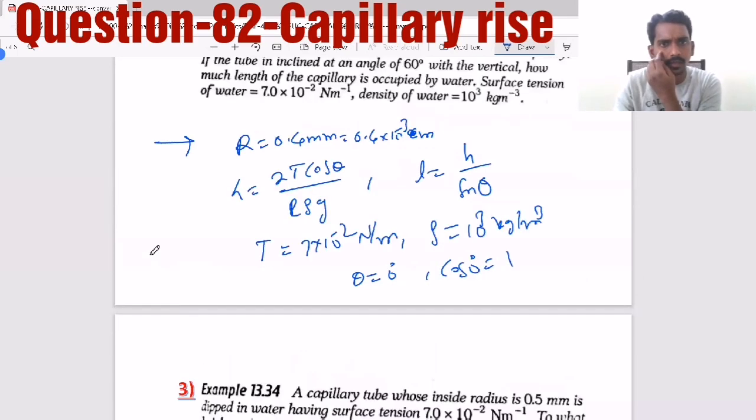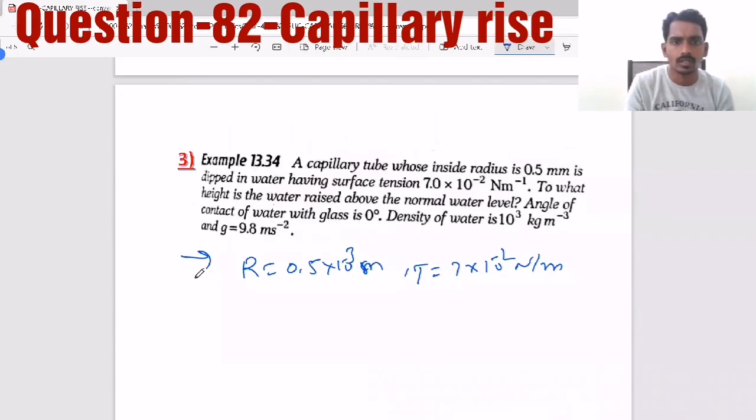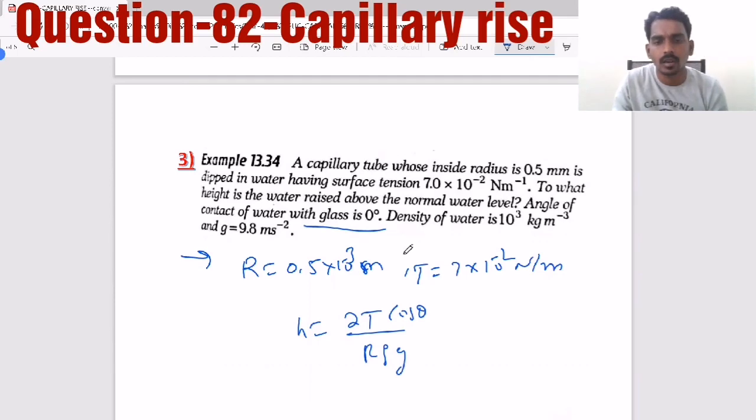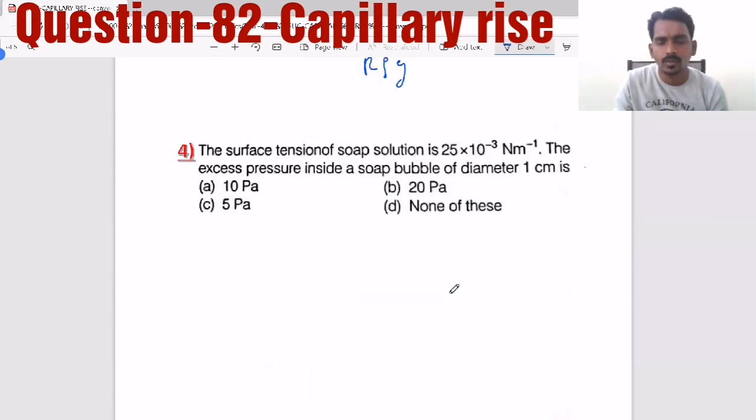So again, almost similar question, only thing radius got changed, density is same. So again, you have to apply 2T cos theta by r rho g. And again, here they mentioned clearly the angle of contact is 0 degrees. So they can give any liquid, any solution, anything, you have to take care.